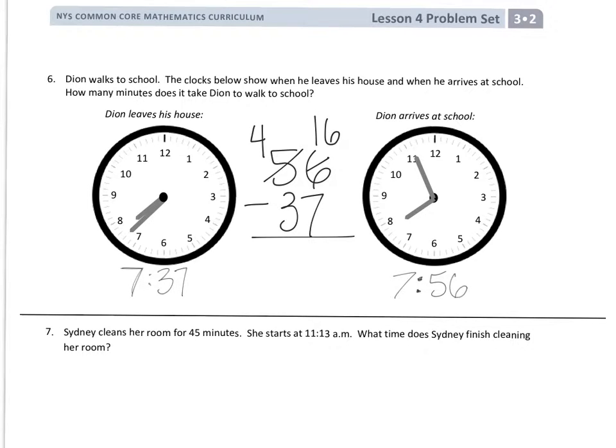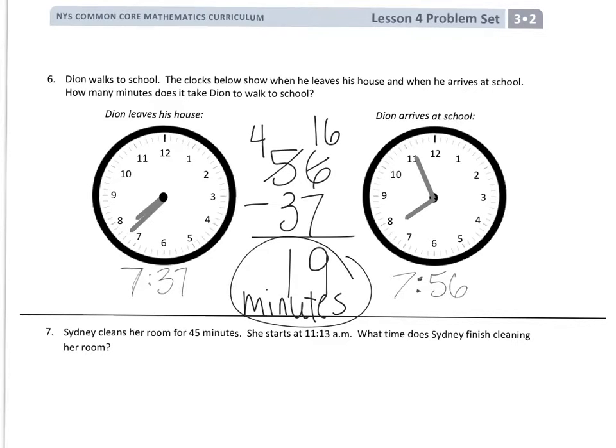That makes my 6 a 16. 16 minus 7, if I put 7 in my head and count up to 16, I get 9. 4 minus 3 is 1. So it took Dion 19 minutes to walk to school.